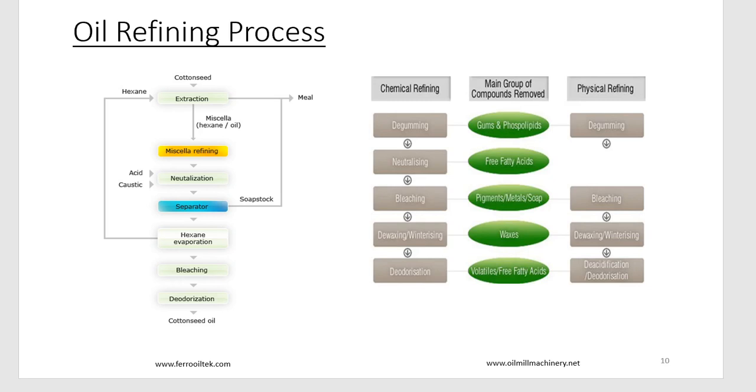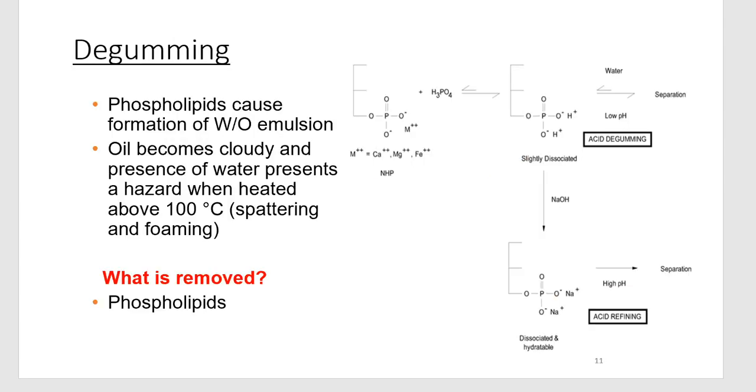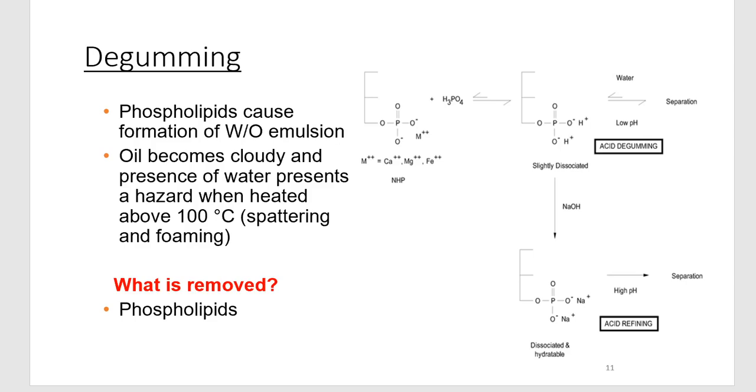Let's see the refining processes. The first one is degumming. Here we remove the gummy materials, which are phospholipids. Phospholipids will cause the formation of water in oil emulsion, and these emulsions will make the oil cloudy.